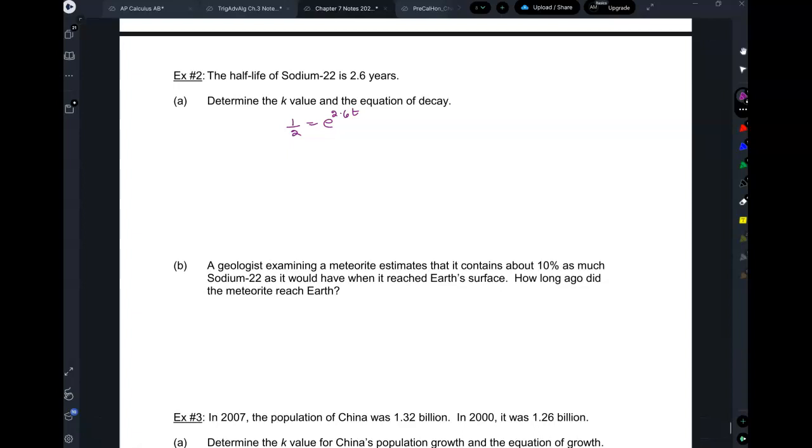You can always skip to that step because it's always going to be half y naught equals y naught e to the kt, and the y naughts are going to go away. So now you take ln of both sides. Ln of a half is ln of e to the 2.6 t. Ln of a half is 2.6 t.